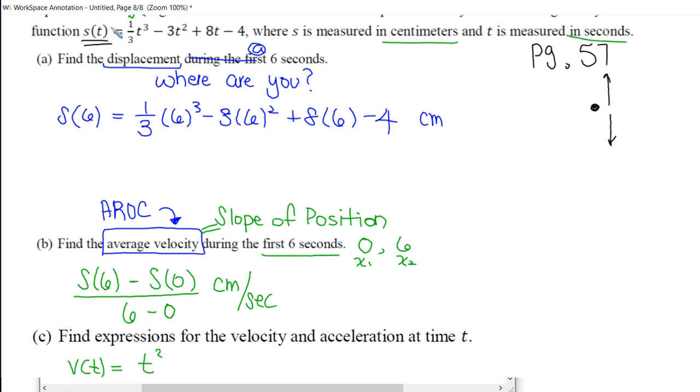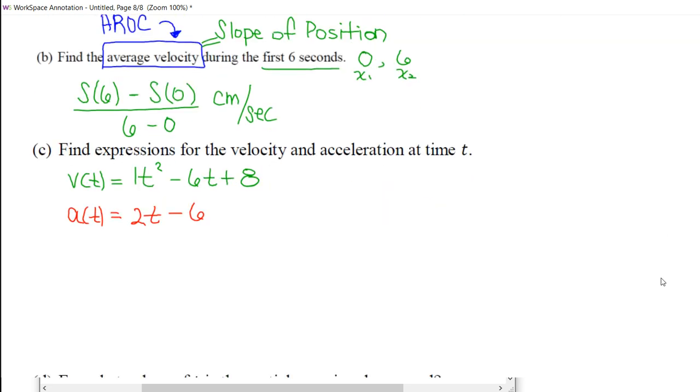So 3 times a third is 1. Okay, 1t squared minus 6t plus 8. My acceleration, which is the derivative of velocity, would be 2t minus 6. Pretty good?